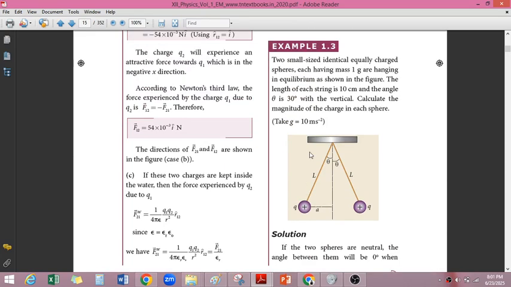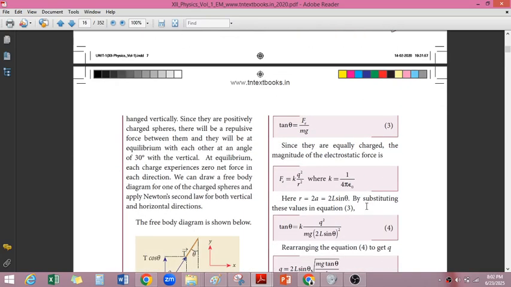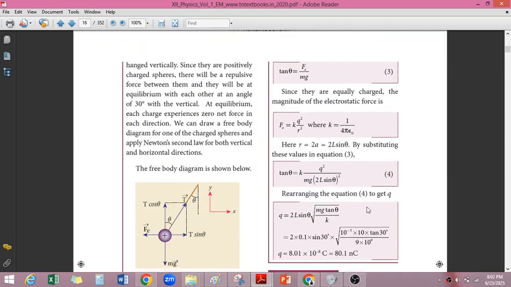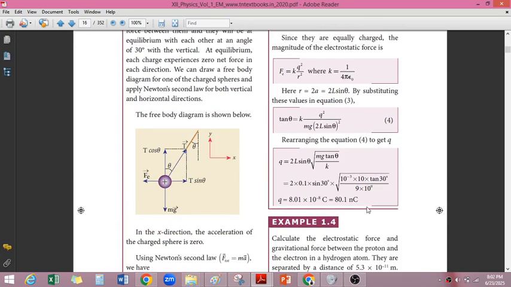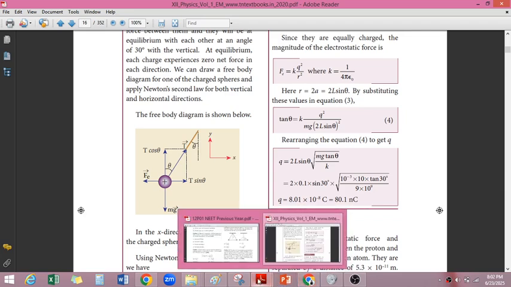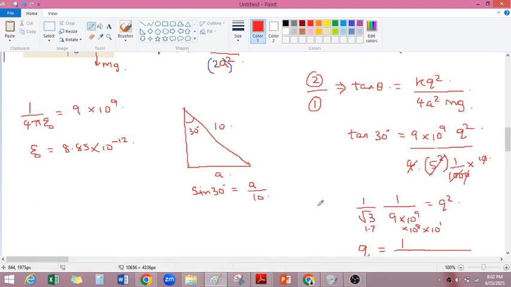Did we make some mistake in grams? Mass, they have said 1 gram, and 1 gram is 1000, isn't it? tan theta is equal to Fe by this thing. Okay, we'll see. Maybe we have done something differently here.